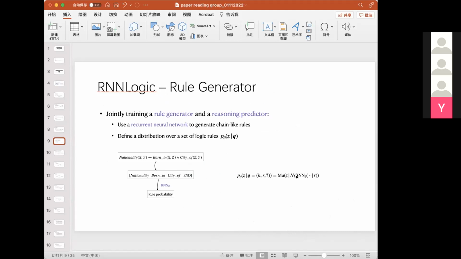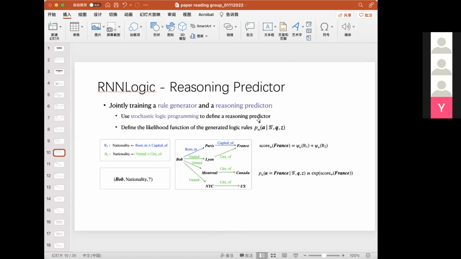And then after that, we will again use this RNN to predict, for example, the K to the power of 3 rule. And then we will fit this rule to the predictor. And then this predictor will again select, for example, top K rule, and then return to this RNN model.